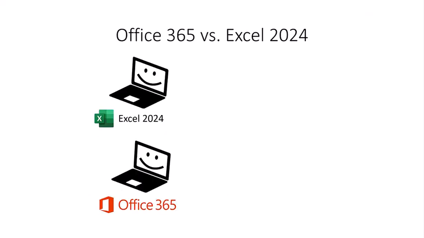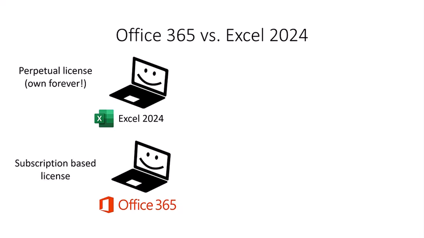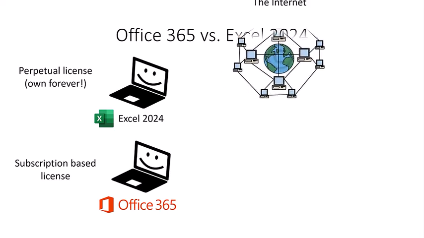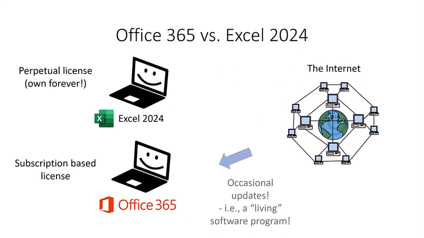So I wanted to quickly go through the difference between what's called a perpetual license, with Excel 2024, and a subscription. A perpetual license is a one-time purchase. You purchase Excel 2024 for a one-time fee, and you own it forever. I highly recommend not doing this. I highly recommend purchasing Office 365, which is a subscription-based license, so you pay a certain fee per month, because this will occasionally update.